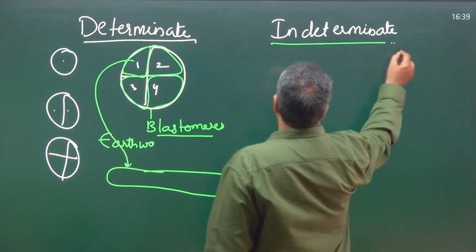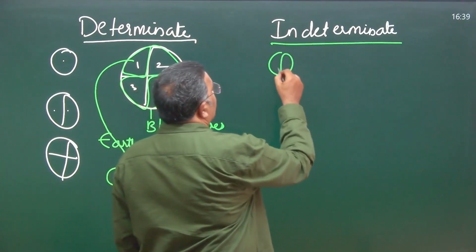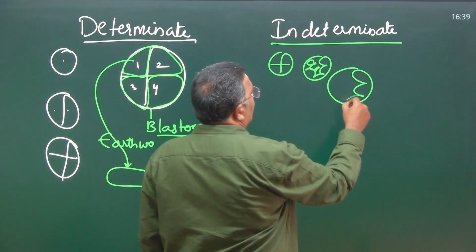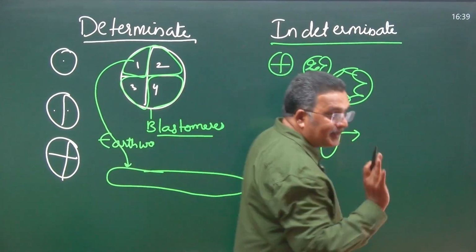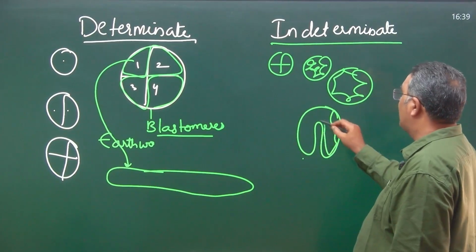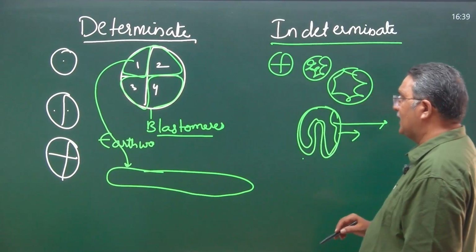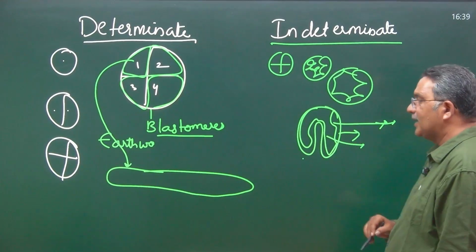In indeterminate, the zygote goes to 4 cell, then morula, blastula, gastrula develop. They have not decided anything. They go on dividing, and at one particular stage they decide: I will become the nervous system, I will become the digestive system.